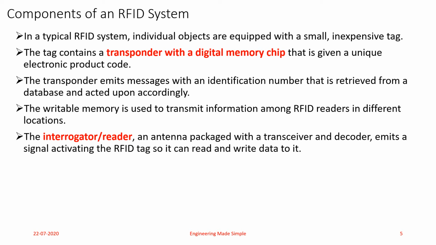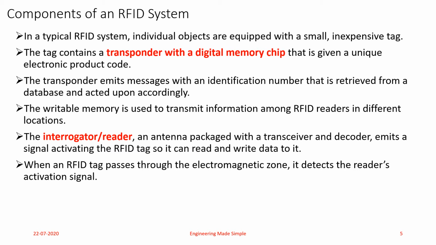That is what is explained in simpler terms over here. The interrogator or reader is an antenna packaged with a transceiver and decoder which emits a tag activating signal so that the RFID tag can read or write data to it and transmit information further to host computer.